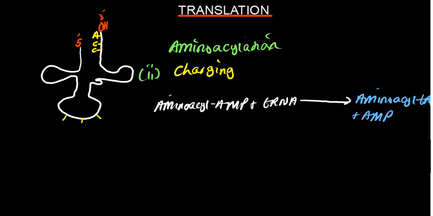Now, at this point, this amino acid AMP is going to attach itself to the 3' end of its target tRNA, or its appropriate tRNA. So if this is our tRNA, that's where this amino acid is going to attach itself, at the 3' end. So this is now going to be that charged amino acid.